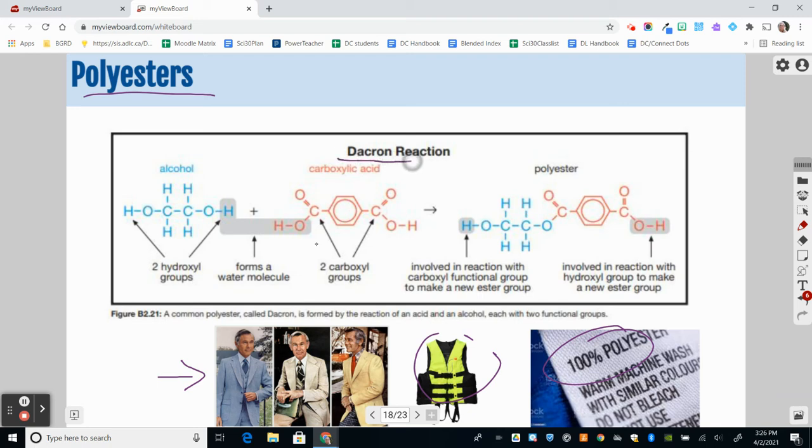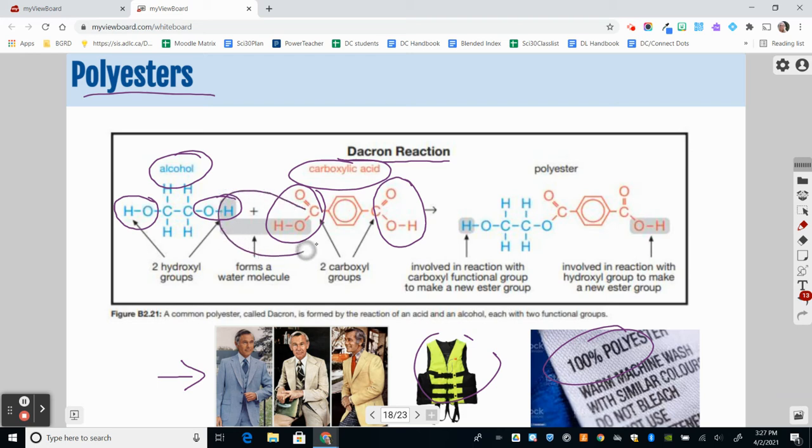Dacron is one type of polyester where you basically take an alcohol and a carboxylic acid. Again, they bond together, but you do this a whole bunch of times. So there's the alcohol group, and there's a carboxylic acid group. You'll notice each of these alcohols has another alcohol on the other end, and the carboxylic acid has another carboxylic acid group on its other end.